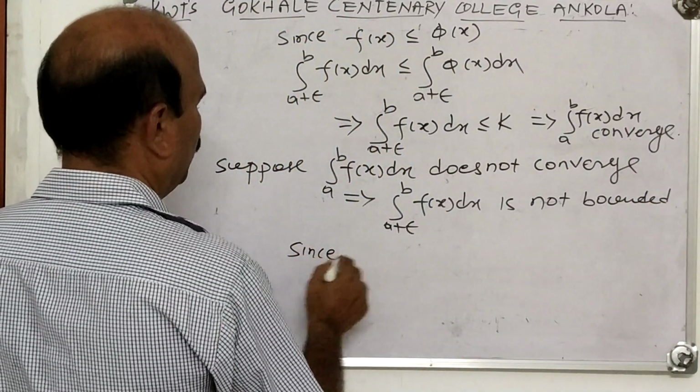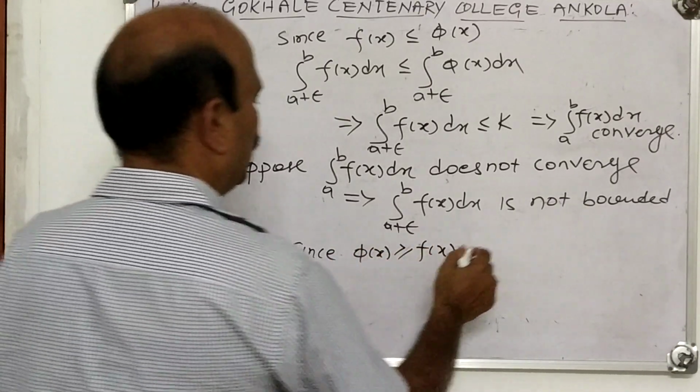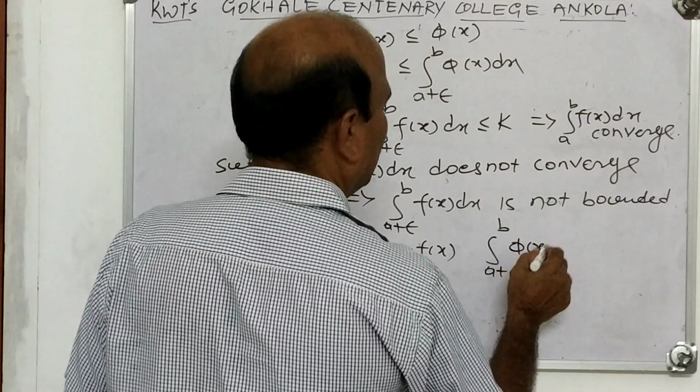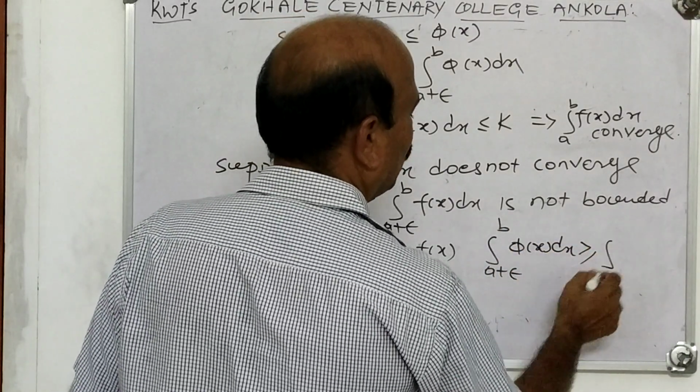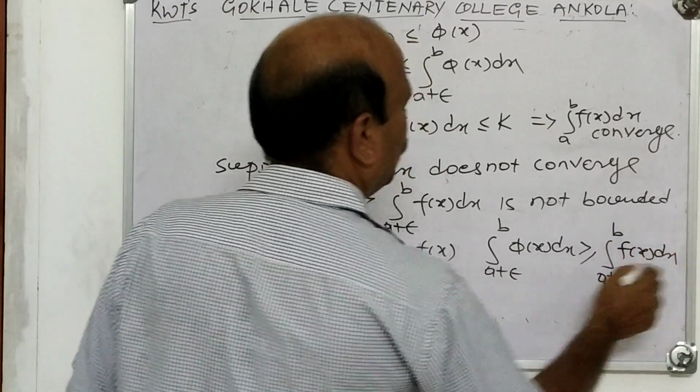Since phi(x) is greater than or equal to f(x), the integral from a plus epsilon to b of phi(x) dx is greater than or equal to the integral from a plus epsilon to b of f(x) dx.